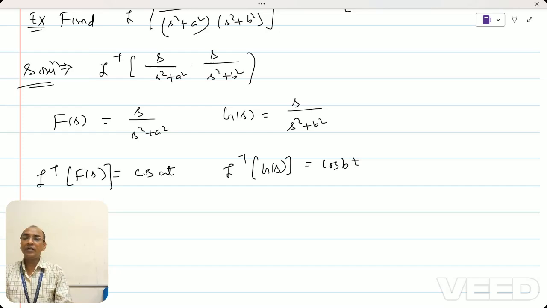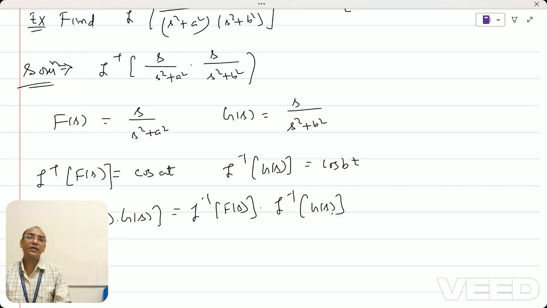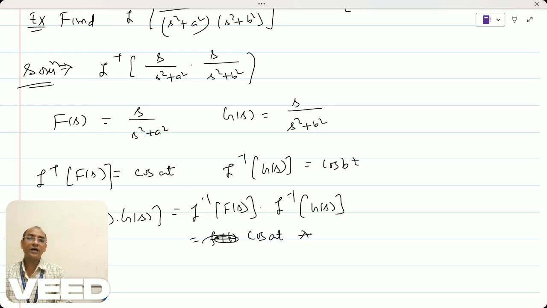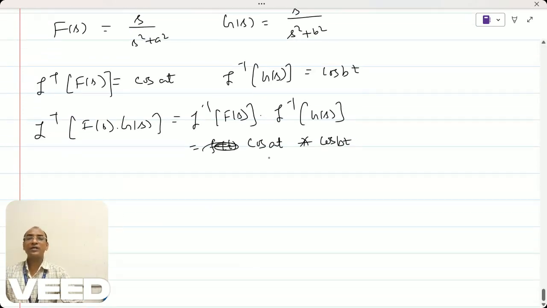And so L inverse of F(s) into G(s) is equivalent to L inverse of F(s) star L inverse of G(s), that is cos at star cos bt.